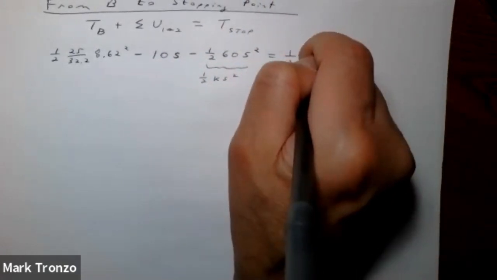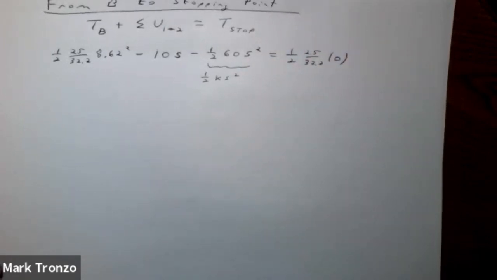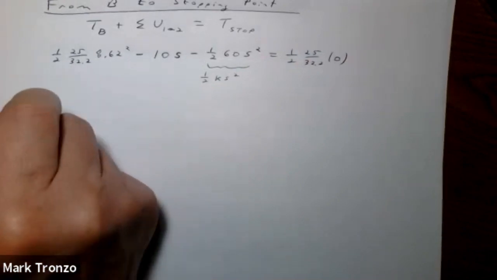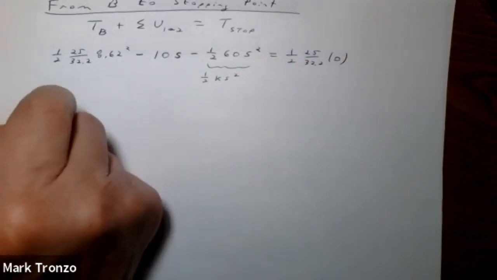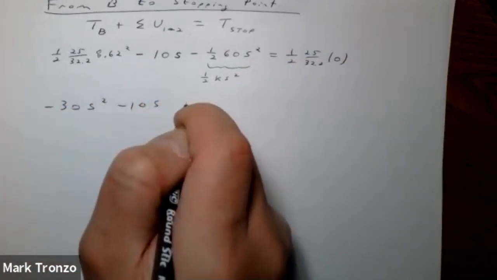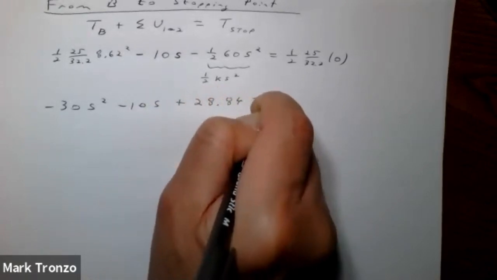On the right-hand side, that's where it stops, so that's just going to be 0. If we multiply things out, we get minus 30S squared minus 10S plus 28.84 is 0.